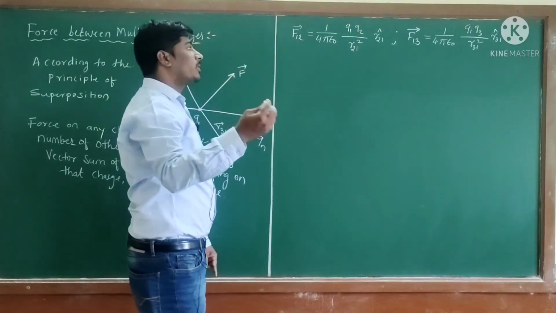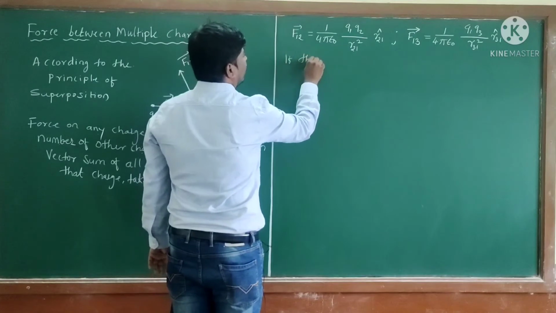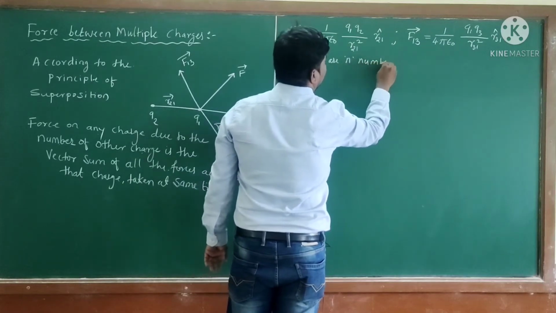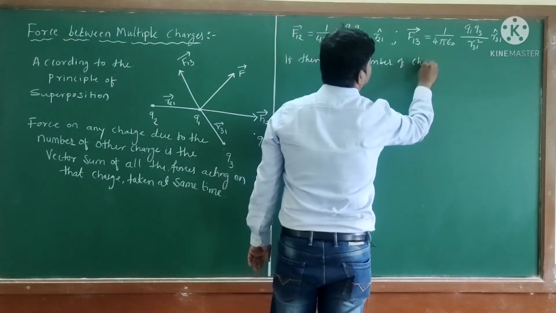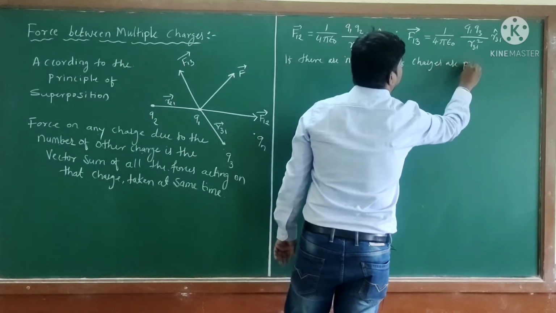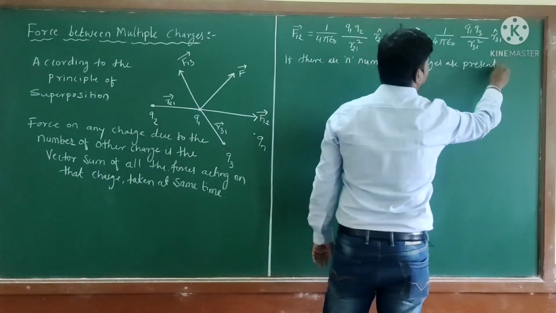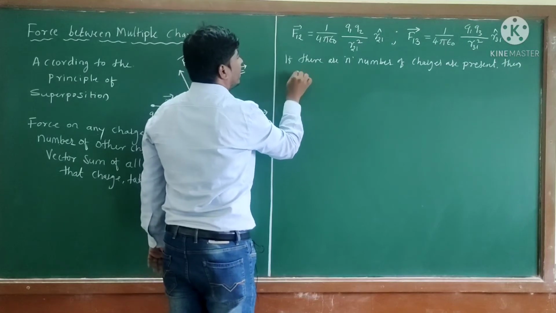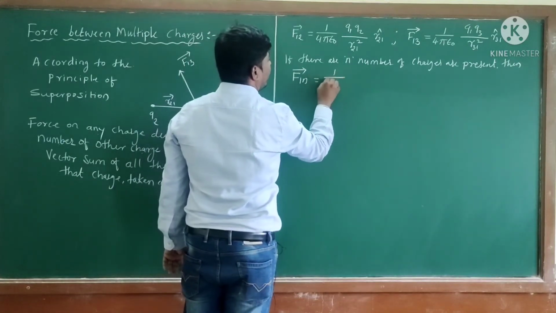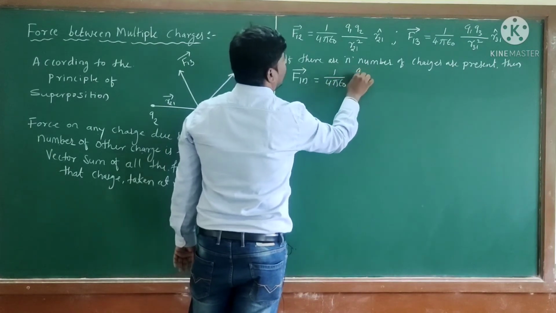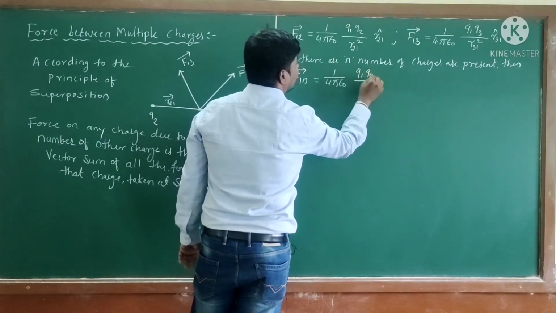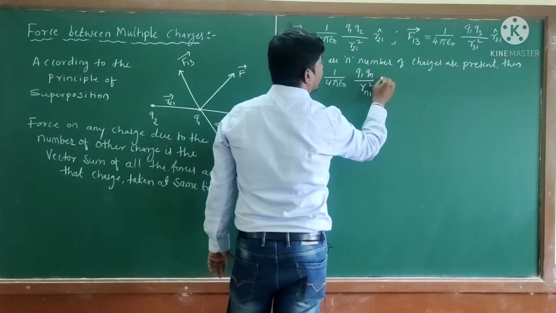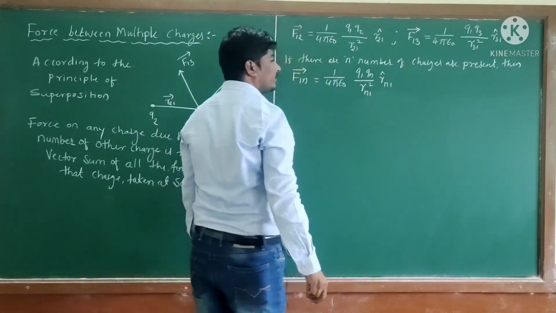Similarly, if there are n number of charges present, then I will write F1n, which is equal to 1 by 4 pi epsilon naught Q1 Qn divided by Rn1 square into Rn1 cap.